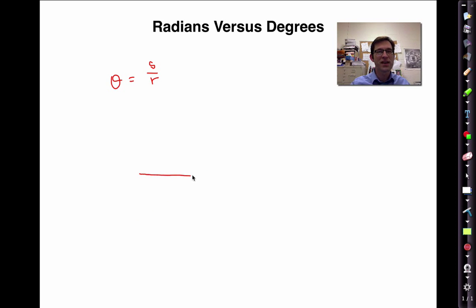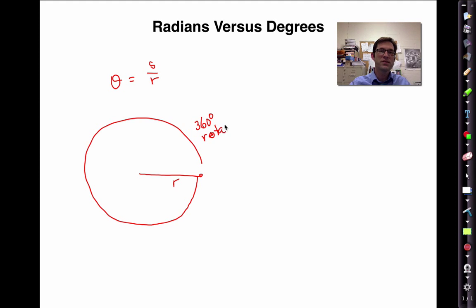Let's say you had your radius and you went all the way around, a 360-degree rotation. What is that in terms of radians? If you go all the way around, you're going the entire circumference of the circle.